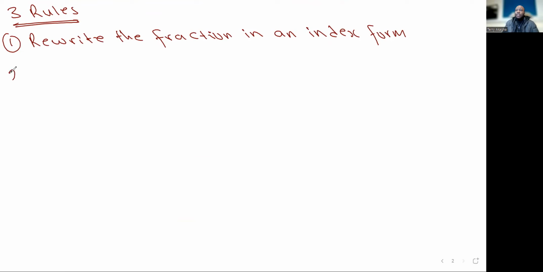Then after rewriting it in an index form, the next thing you have to use any of the differentiation rules, more specifically the power rule with a constant, okay? So usually you have to use any of the differentiation rules that I've discussed previously, okay? So use any of the previously discussed differentiation rule.